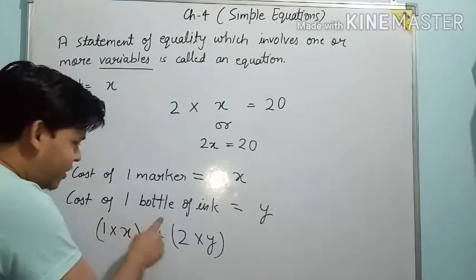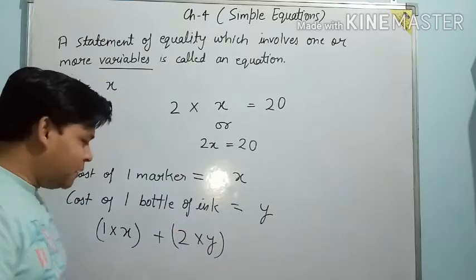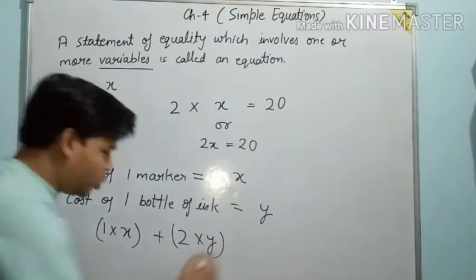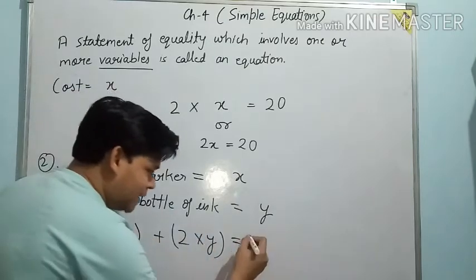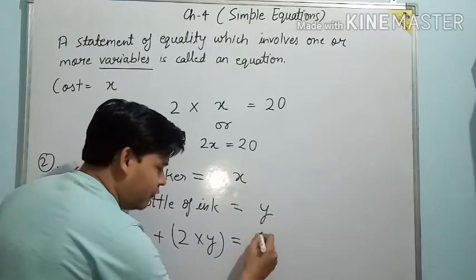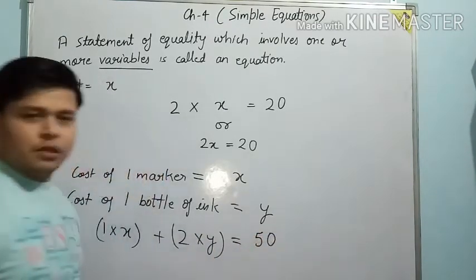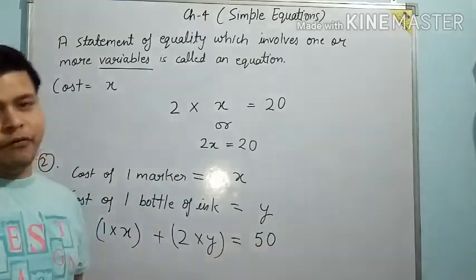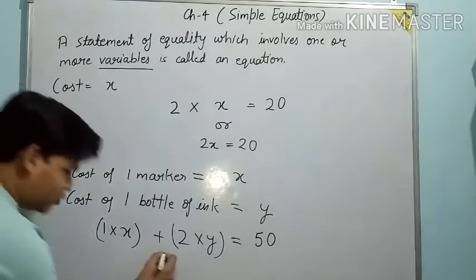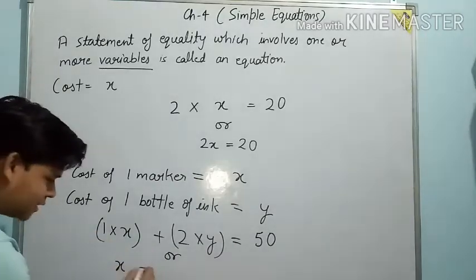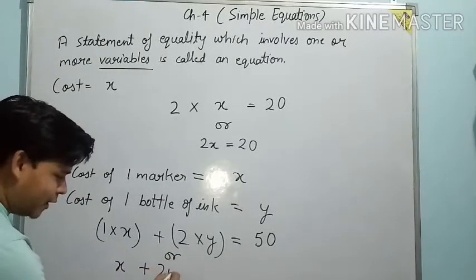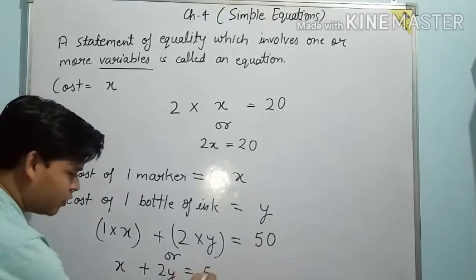So total, say I don't know exactly, for example the cost is rupees 50. Suppose this is the total cost, 50. Now we can write 1 into x as only x, plus 2 into y, we can write 2y, is equal to 50.